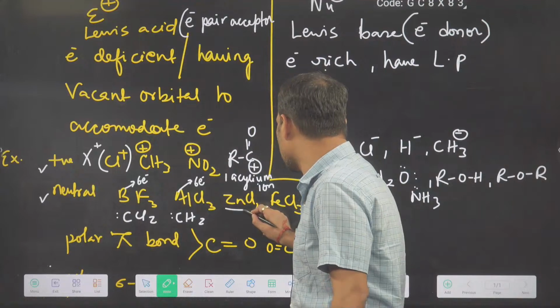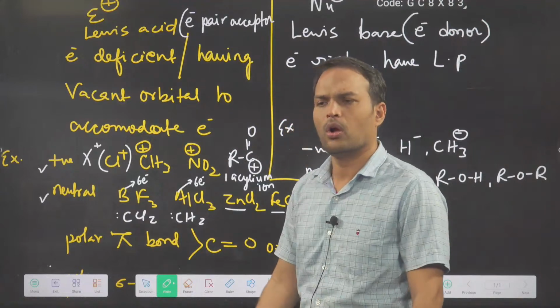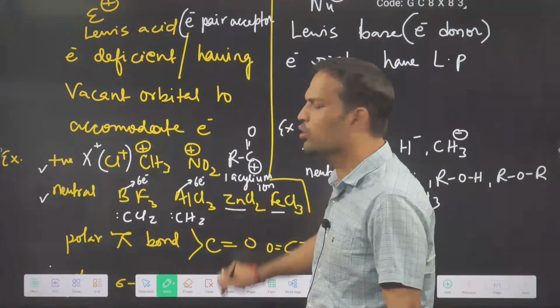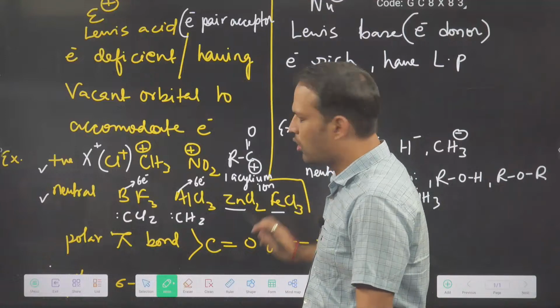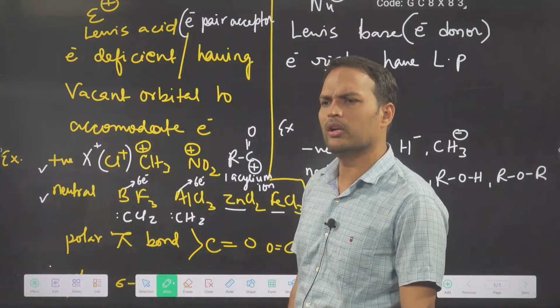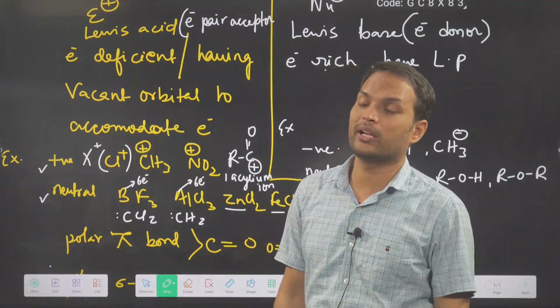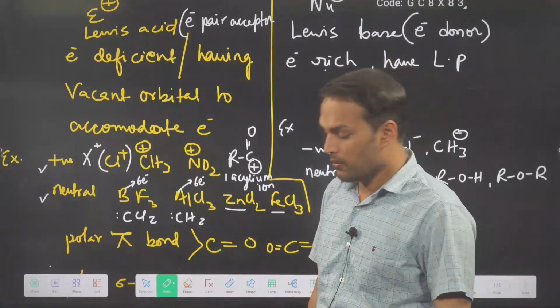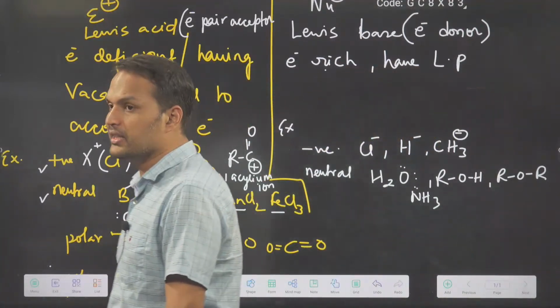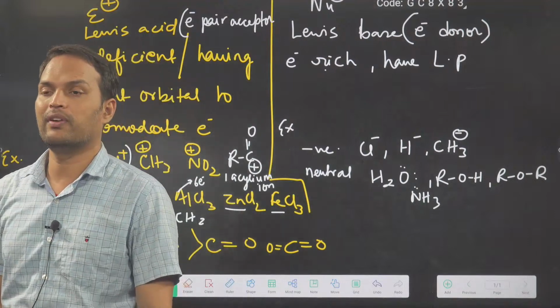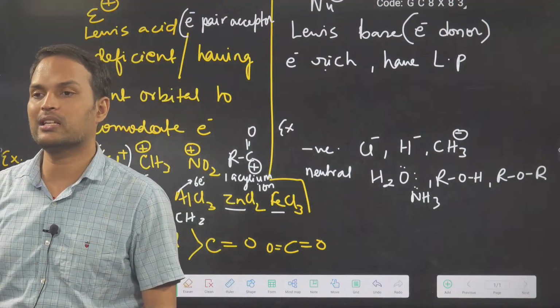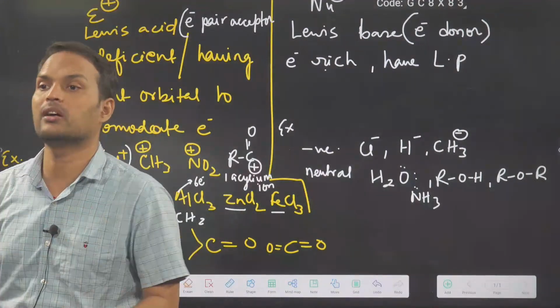But other things like zinc and iron, octet are complete. This is having pseudo noble gas configuration. This octet complete, you can say, already not deficient species. Then also they take electron in their vacant d orbital. Means what is the point, you know? Ki they can accept electron when octet is complete, and they can accept electron also when the octet is incomplete.